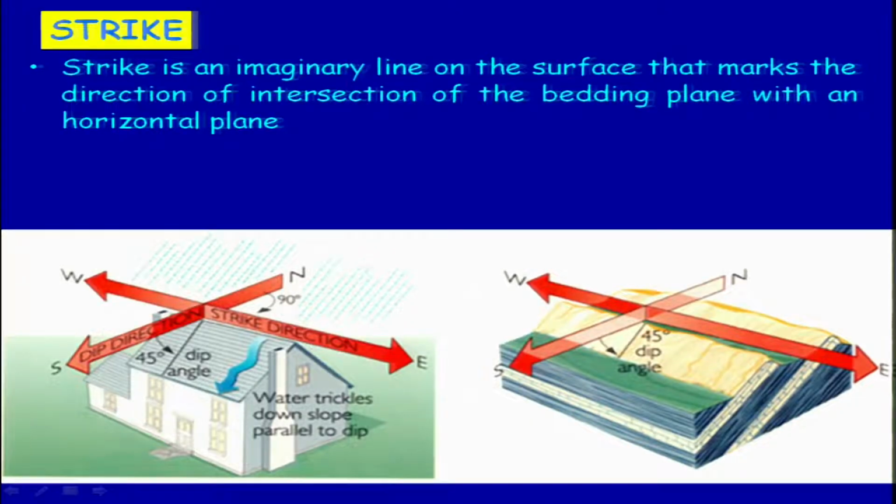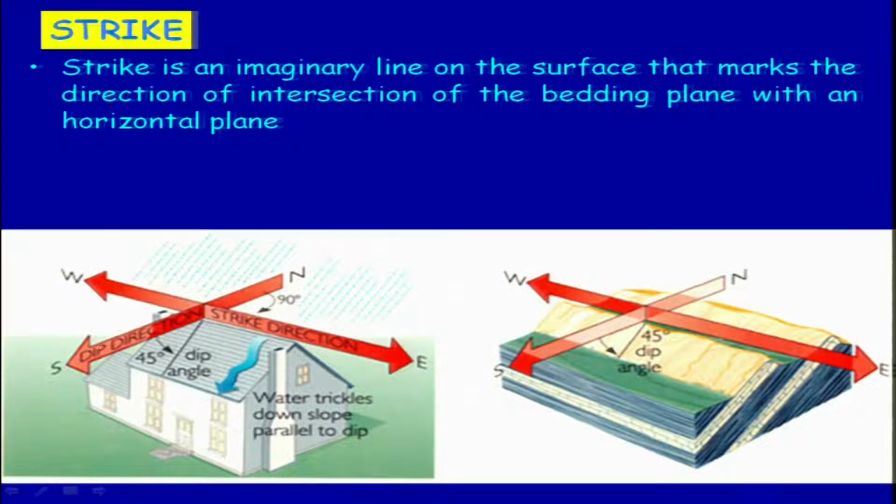This is an example of a house top, where you can draw a line, with respect to the horizontal plane, intersecting at the top, which will be the strike direction. Now, the strike direction can be given as, for example, traversing east west, but the direction of the dip will be in one direction only.